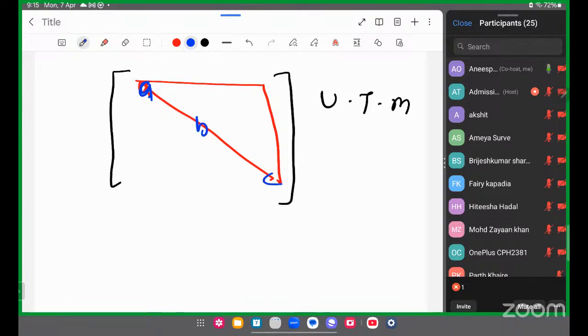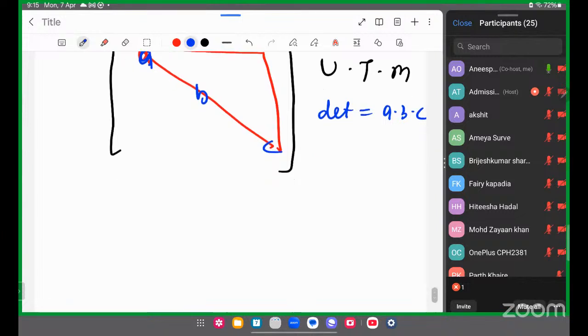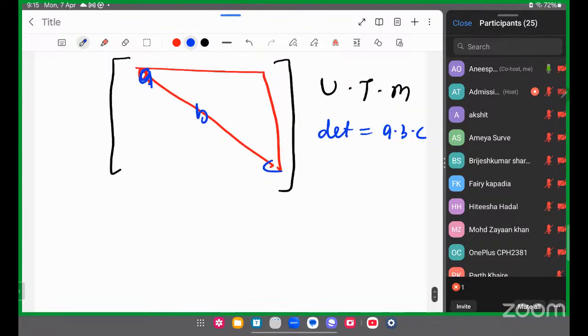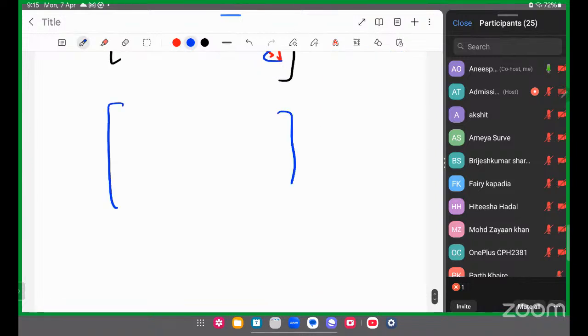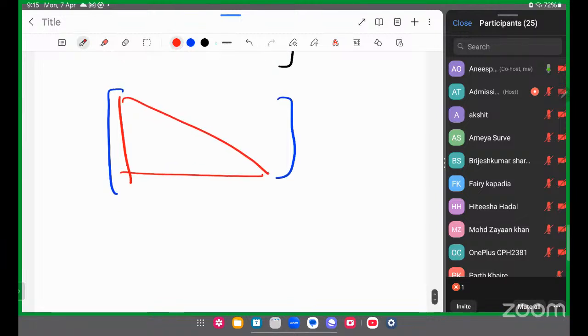We want its determinant. Its determinant again will be A into B into C. Same is true for a lower triangular matrix. This will be a lower triangular matrix with A, B, C on the diagonal. The determinant again will be the multiplication of diagonal elements.